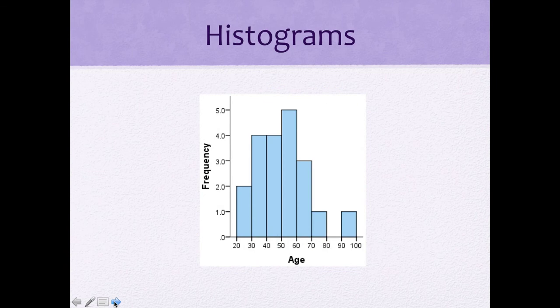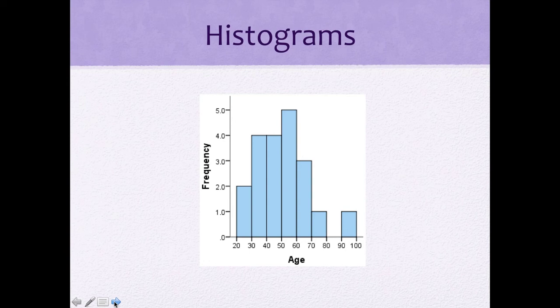So in a histogram, most of the time your bars are a range of data. So you have a bar here on the left from ages 20 to 30. And the next bar is 30 to 40. So if you think about a piece of data in this data set, you have 20, 21, 22, 23, 24, 25, 26, 28, 29.